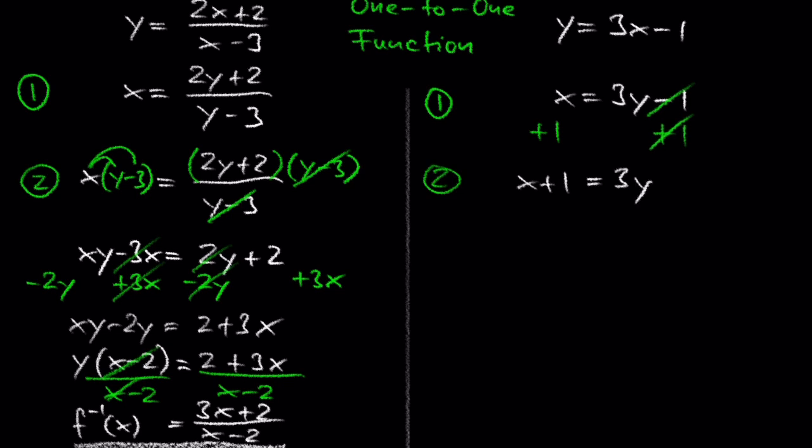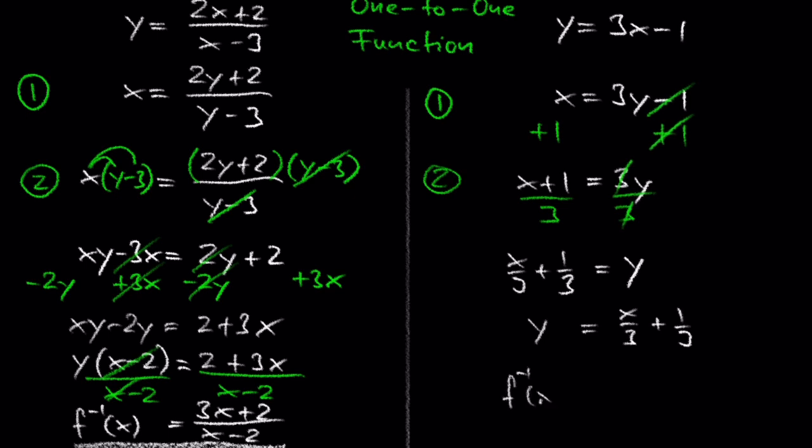And after dividing by 3 on both sides, we get x over 3 plus 1/3 equals y, which we can write as y equals x/3 plus 1/3. And this is going to be our f inverse of x equals x/3 plus 1/3. And we are done with this problem.